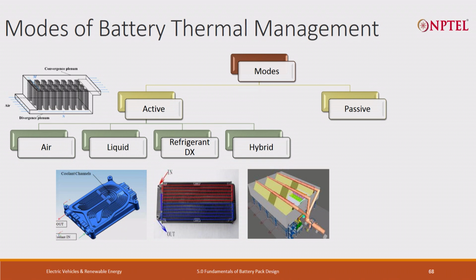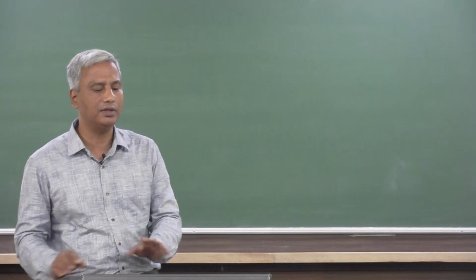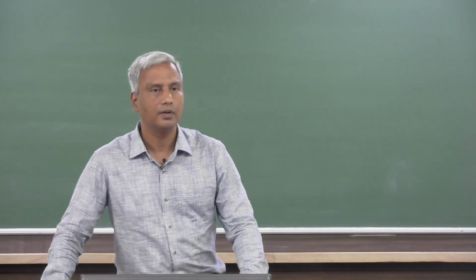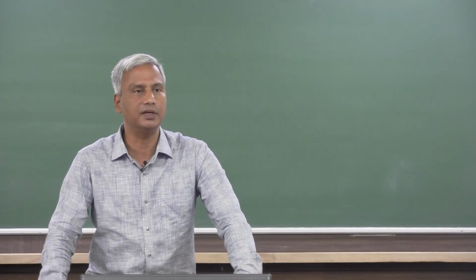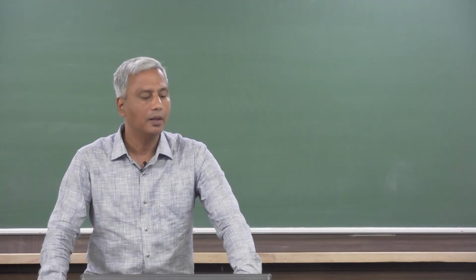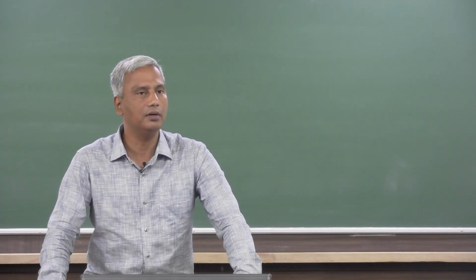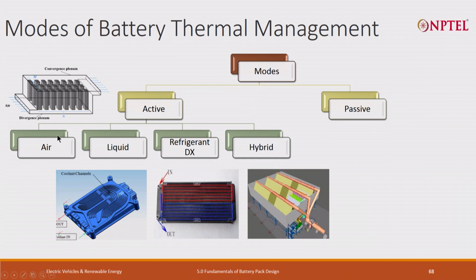In very small battery packs, you do not have that much energy to run something like a direct expansion refrigerant type or hybrid system. Maybe air cooling is possible because of the very low energy demand, but again not for a very small battery pack.